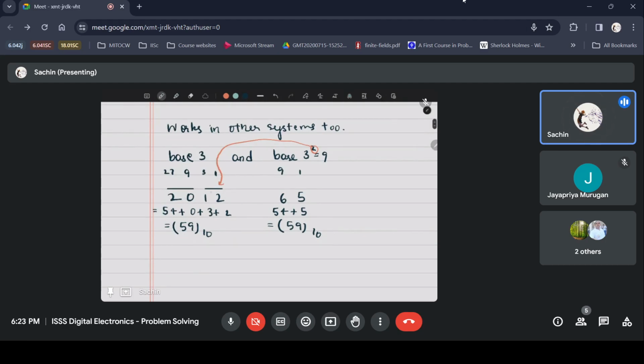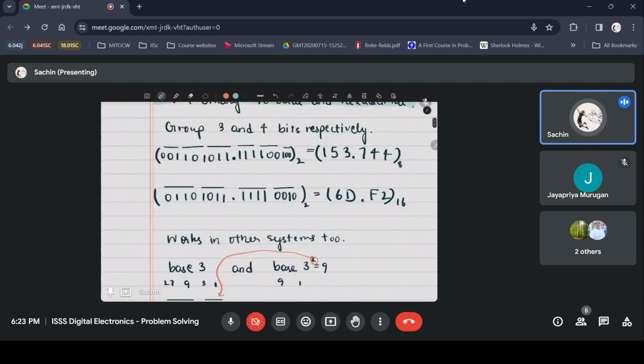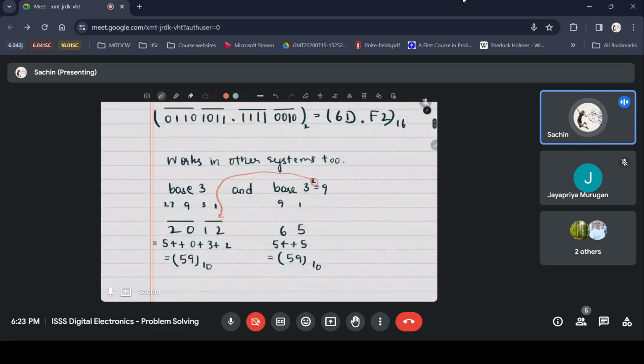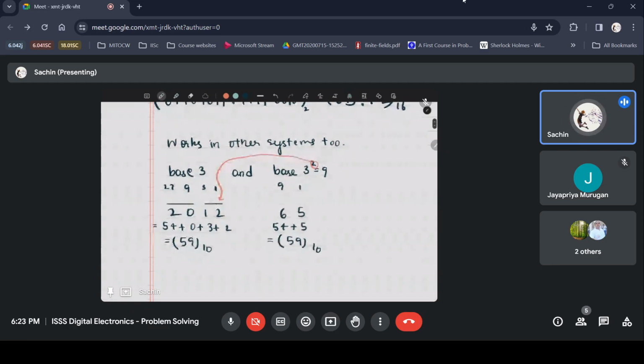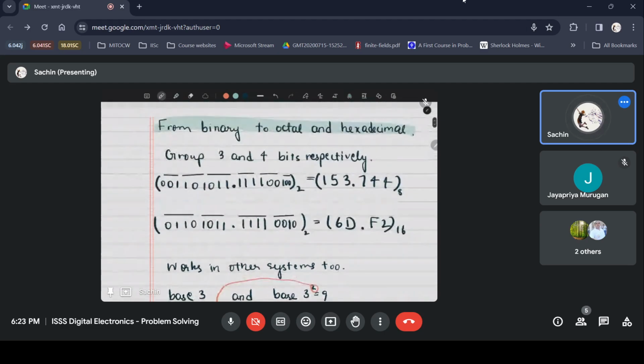And you do the grouping similar to octal and hexadecimal. How many digits you group depends on the power to which you have raised your original base. Binary is base 2, octal was 2 cubed, so every 3 bits in binary are equivalent to 1 digit in octal.